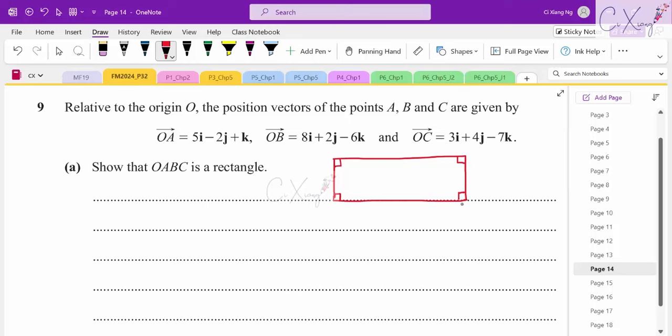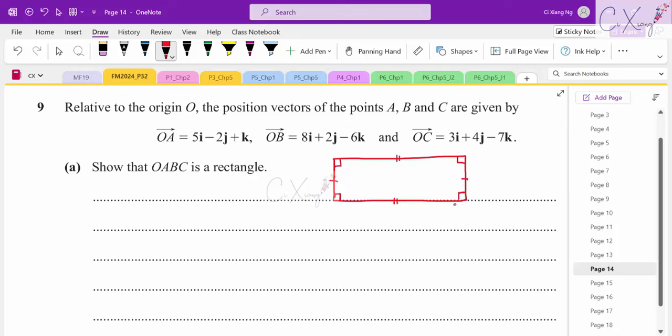So for me here, what I am going to do is try to prove that the lengths of the opposite sides are equal to each other, and this one also equal to each other. Then also prove that the angle between each side here is 90 degrees. From here, I think we can show that it is a rectangle.